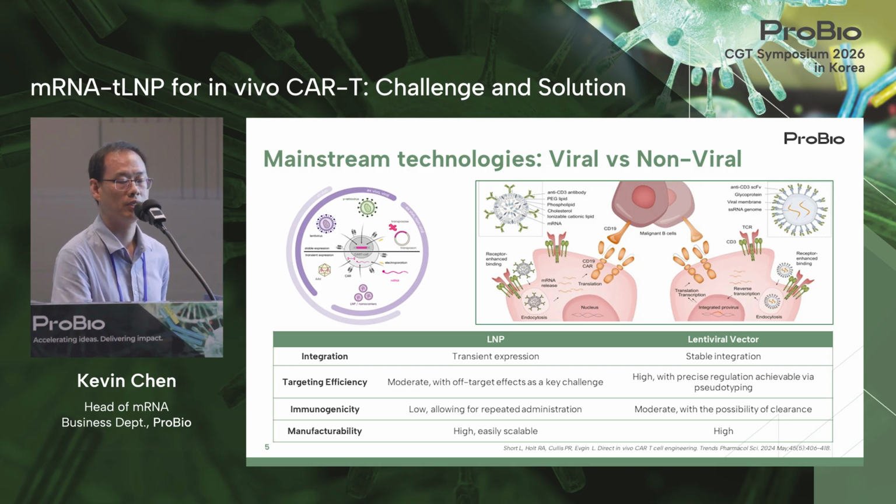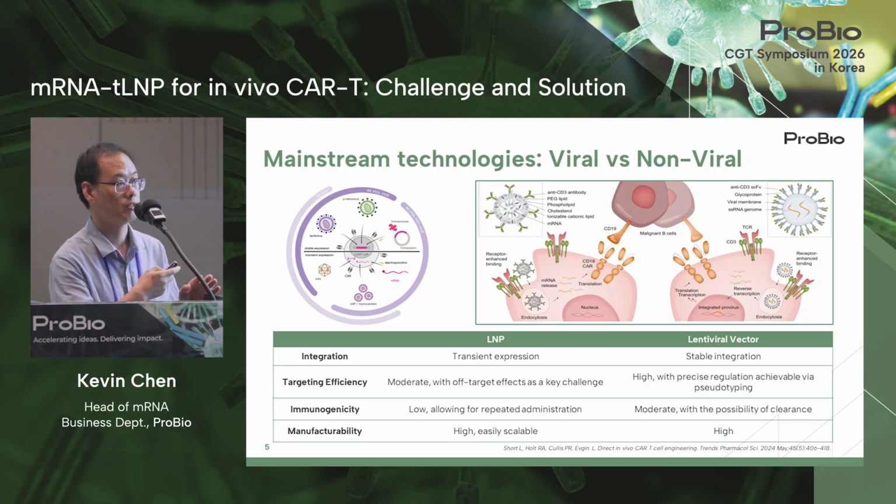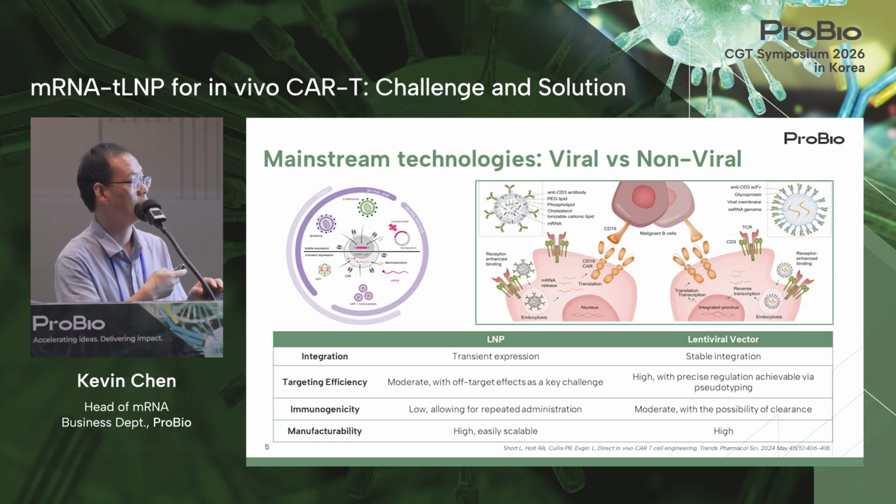Typically there are two main strategies to deliver the CAR genes into the patients. The first one is a non-viral strategy. We use the lipid nanoparticle as a delivery format. The second one is a viral strategy.